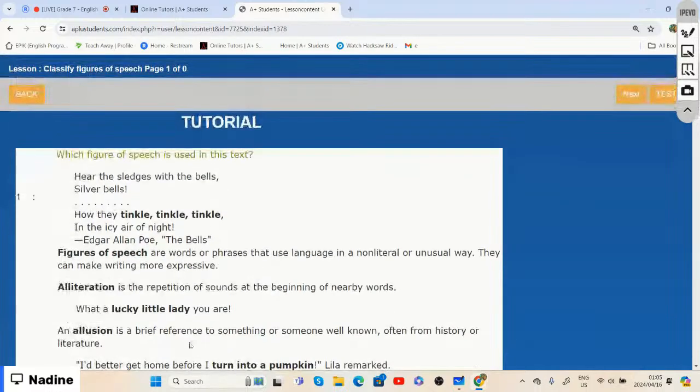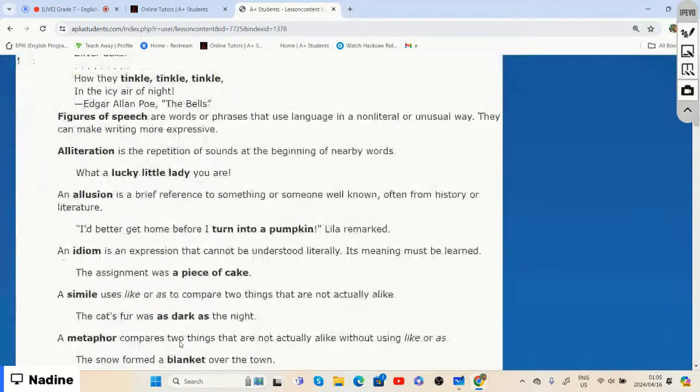So when it comes to figurative language, figures of speech are words or phrases that use language in a non-literal or unusual way. It's not literal. It's not like I'm saying that your jacket is dirty. I'm saying it in a more figurative way.